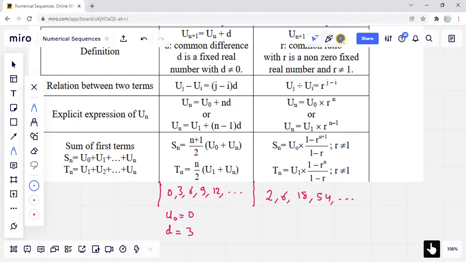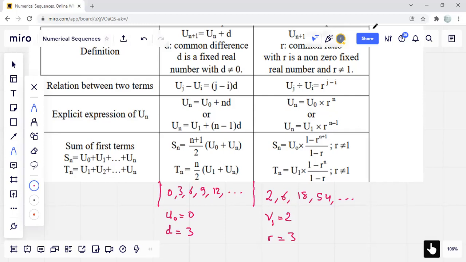Let's name the sequence V_n. We can call the first term V1, which is 2, and the common ratio, the number that we are multiplying by, is 3. We multiply by 3 to move from any term to the term after.